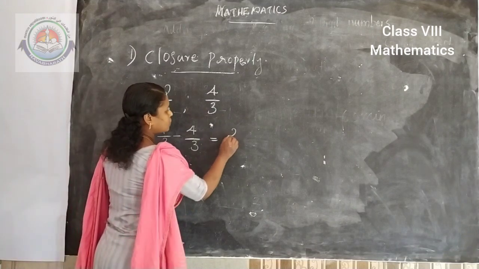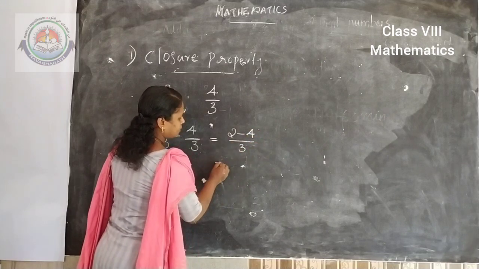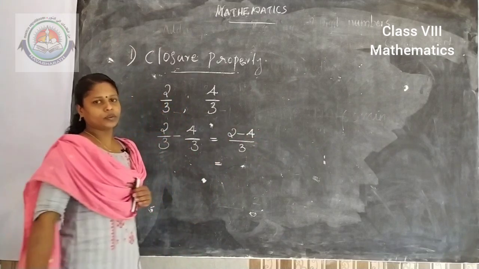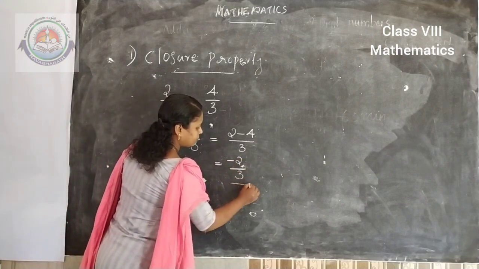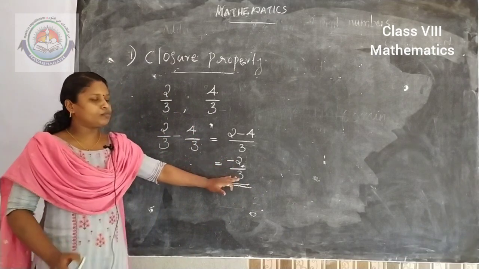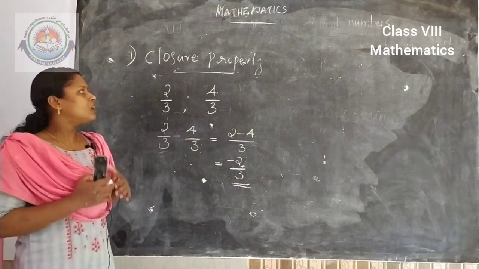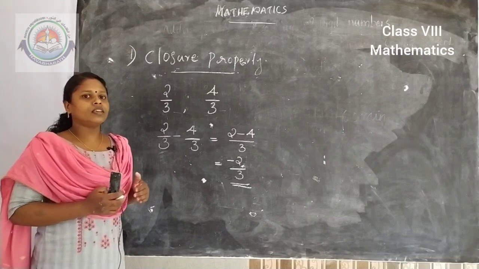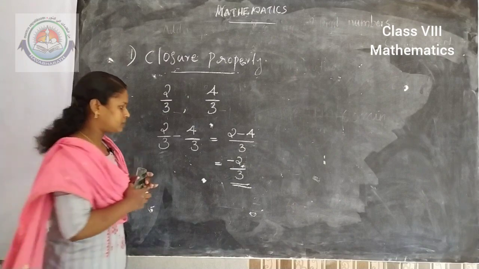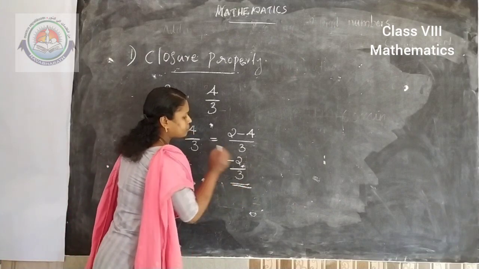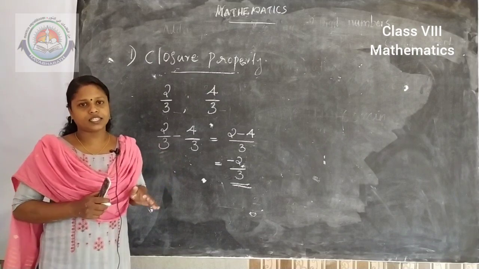Denominators are same, so we need to subtract the numerators. Then 2 minus 4 is negative 2 by 3. Negative 2 by 3 is another rational number. So we can say that closure property holds for subtraction of rational numbers.